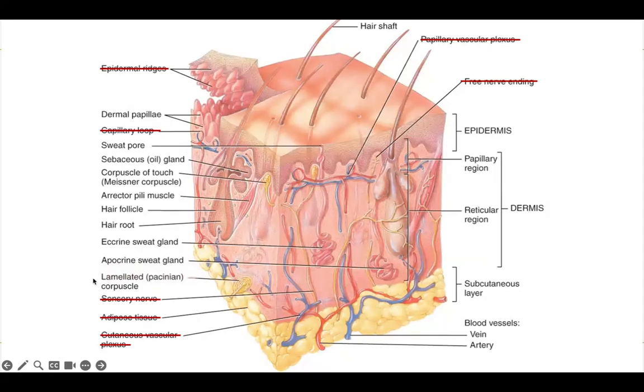The lamellated corpuscle, otherwise called the Pacinian corpuscle, both are right. These are going to be found deep in the reticular region of the dermis, and sometimes even in the subcutaneous layer, the hypodermis. These guys are going to respond and detect really deep pressure stimuli onto the skin, and that kind of plays into why they are located so deep in the integument.